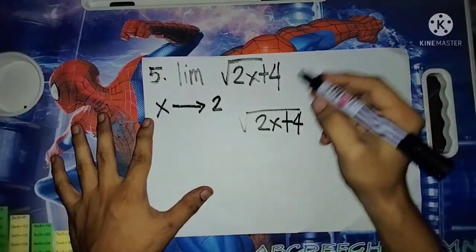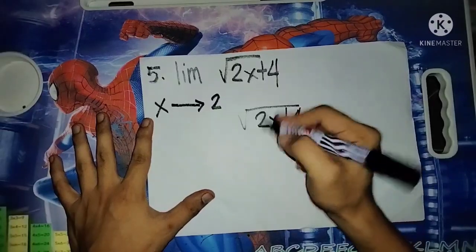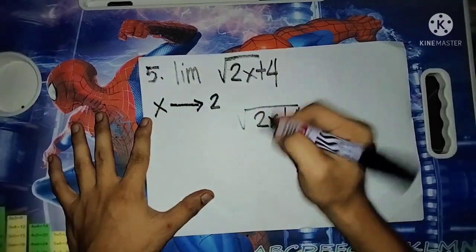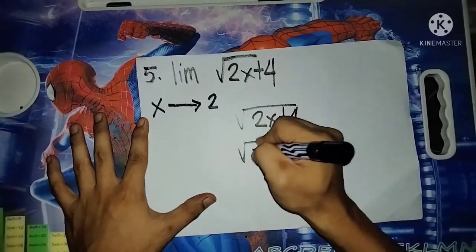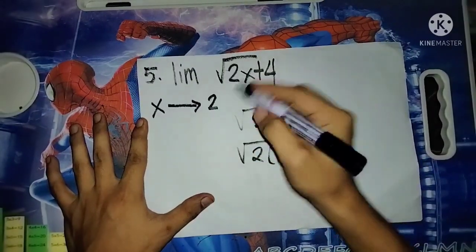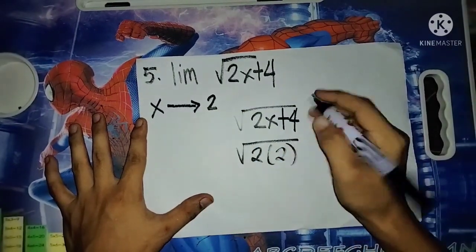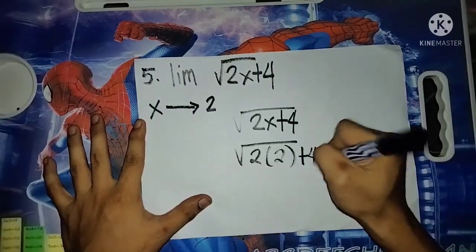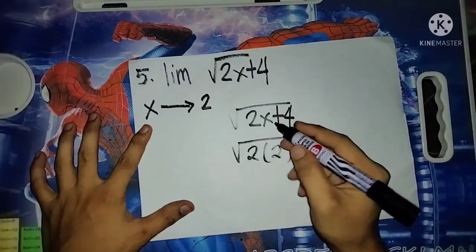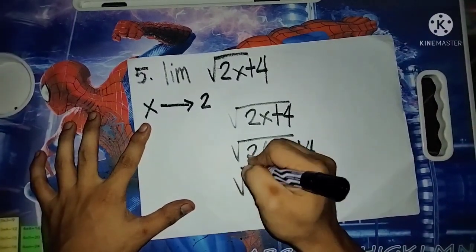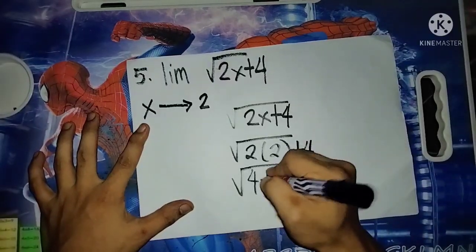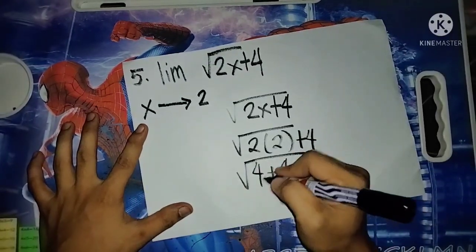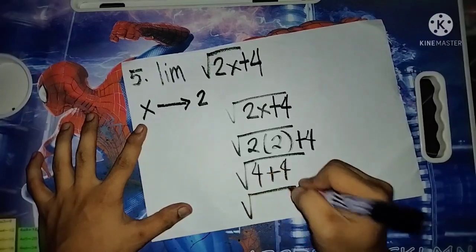So we have to input the x into the square root. So we have the square root of 2 times 2 plus 4. So we have 2 times 2 equals 4, plus 4. So we have 4 plus 4 is equal to 8.